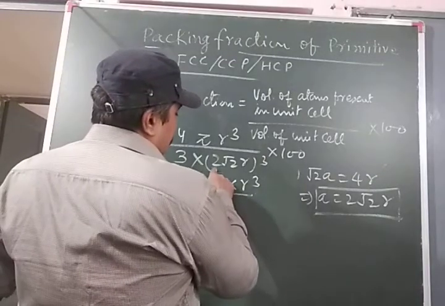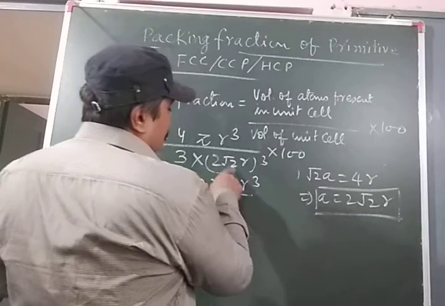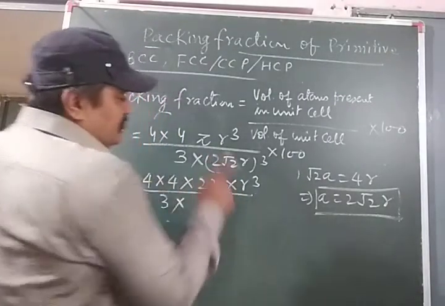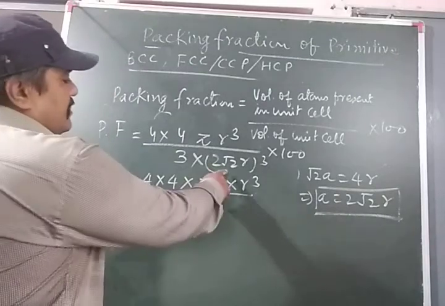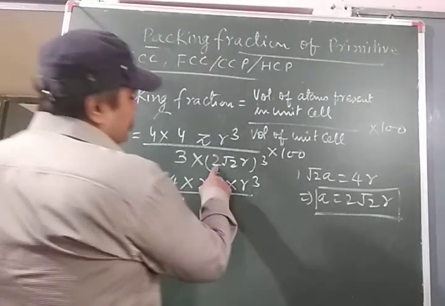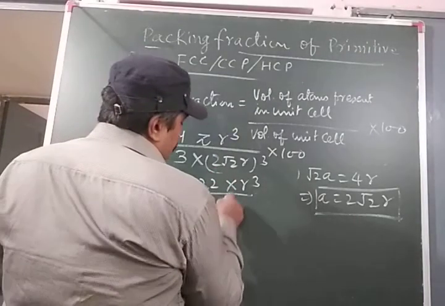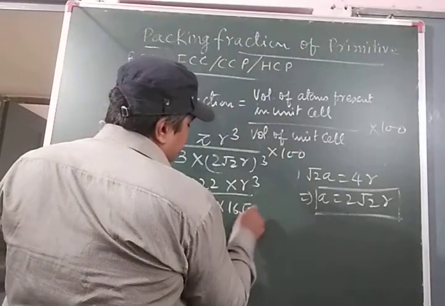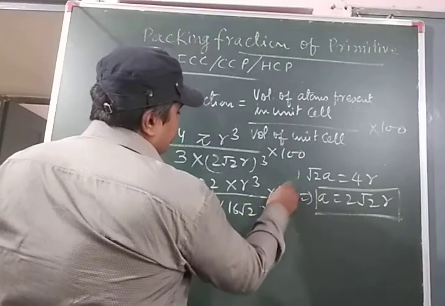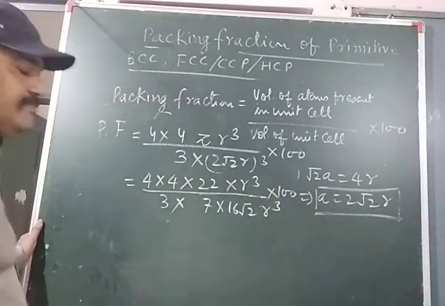On cube root of 2 root 2, so 2 into 2 into 2, that is 2 2 ja 4 2 ja 8, and this root 2 root 2 root 2, that is 2 root 2. So this will be 16 root 2, and this r cube multiplied by 100. Clear?